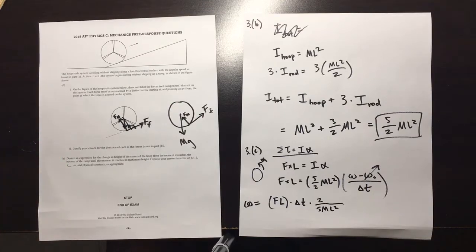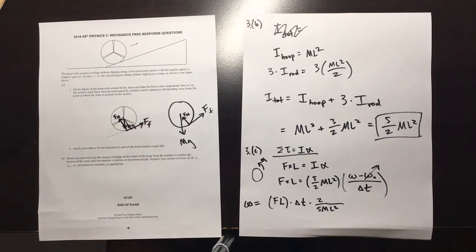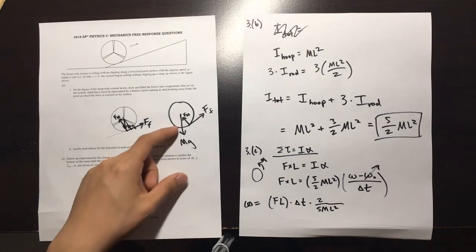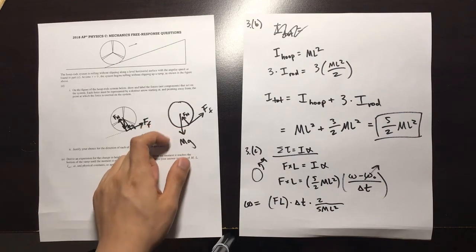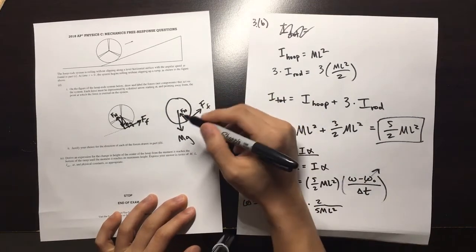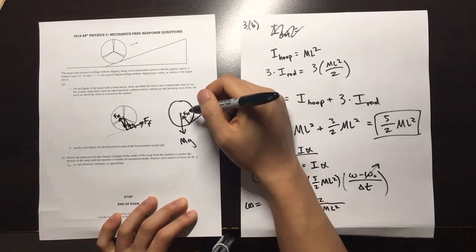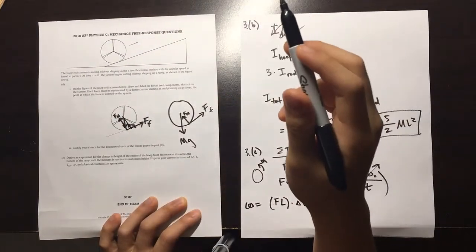Well, I would just restate everything I just said. mg is always down towards the center of Earth, center of mass of Earth. The normal force is perpendicular to the surface the system is on, and is up, not down. And then the force of friction is in this direction and not the opposite one, because the system is slowing down as it's going up the ramp.